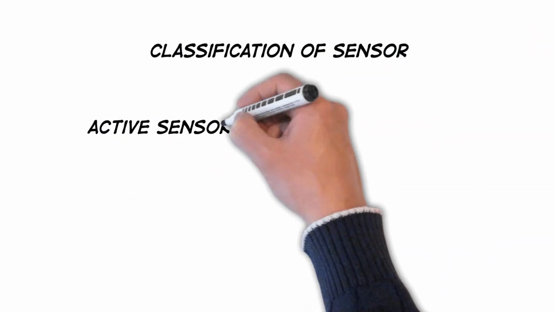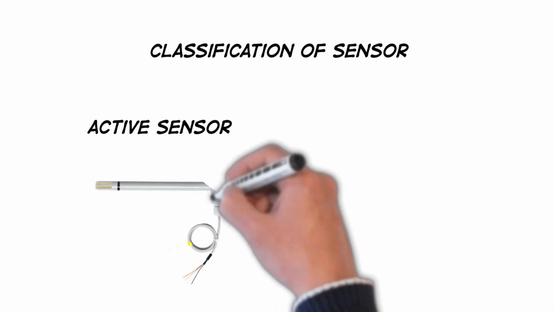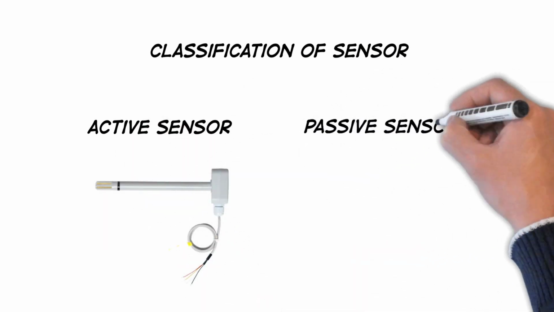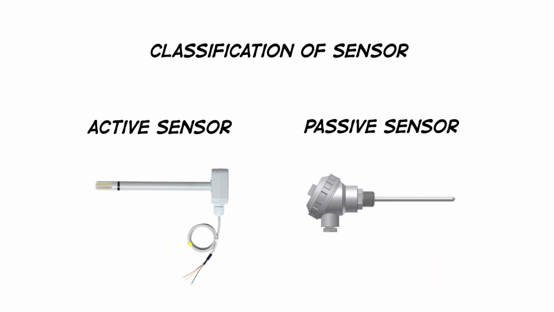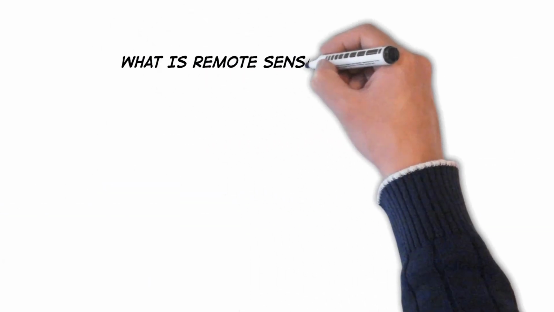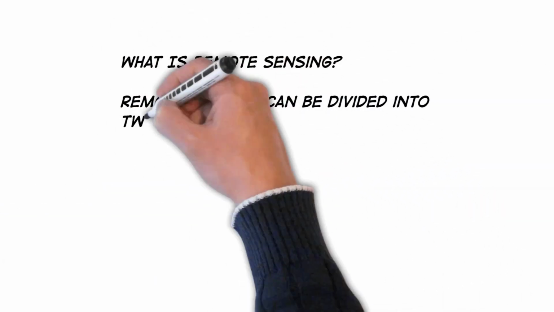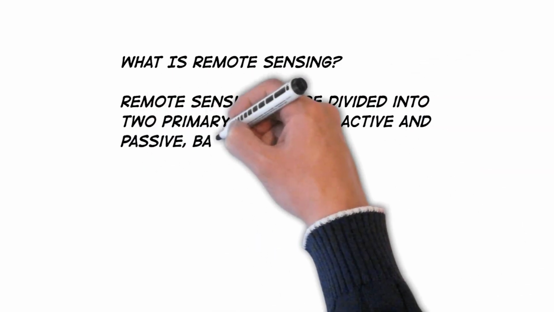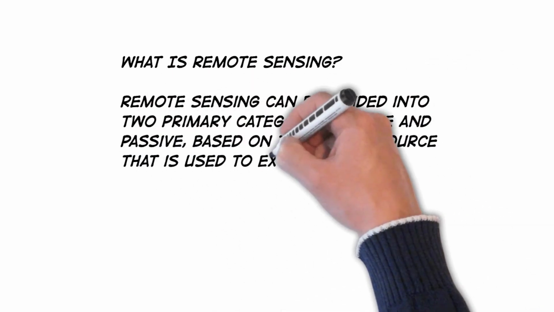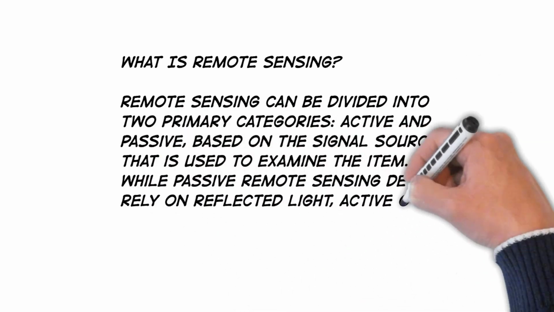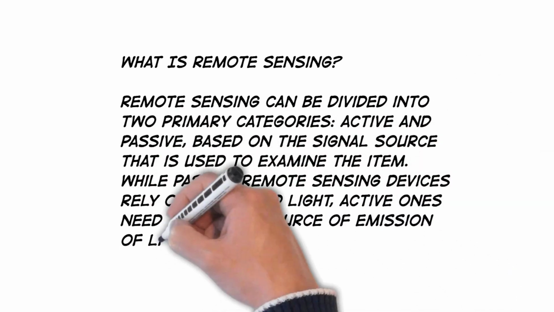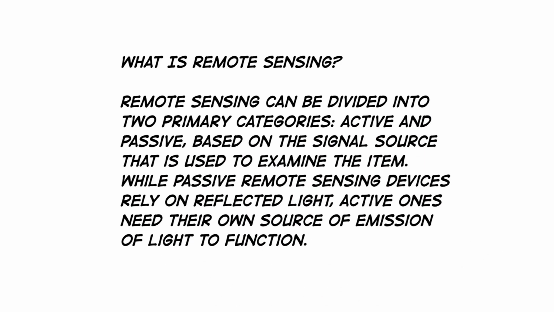There are two classifications of sensors: active sensors and passive sensors. What is remote sensing? Remote sensing can be divided into two primary categories, active and passive, based on the signal source that is used to examine the item, while passive remote sensing devices rely on reflected light.